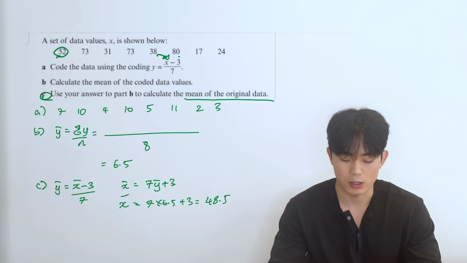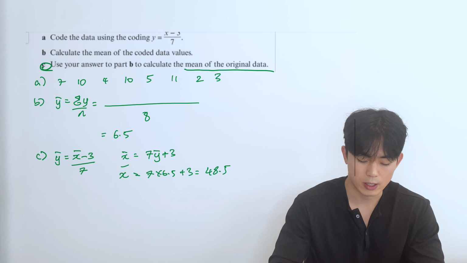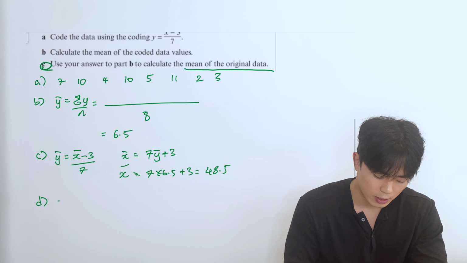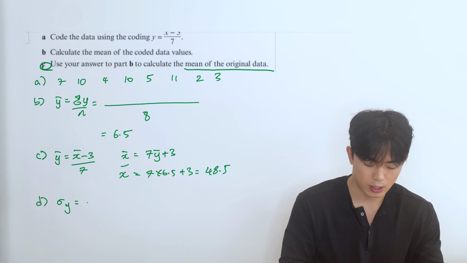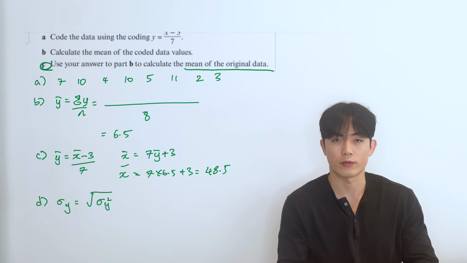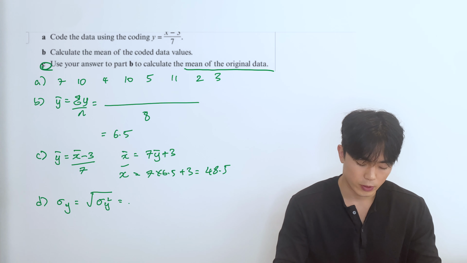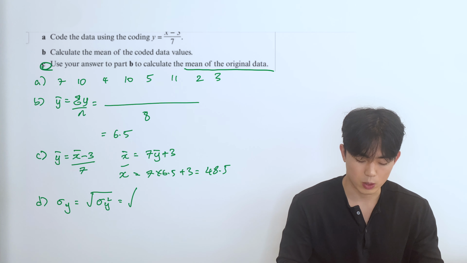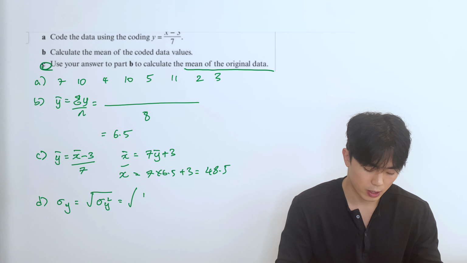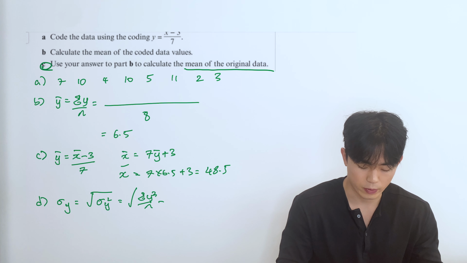They haven't actually asked us to find the standard deviation here, but we can also find the standard deviation. So let's find sigma y first, the coded standard deviation. And remember, that's just the square root of sigma y squared, i.e. the square root of the variance of the coded data. So it's going to be square root of, well, the variance is the sum of y squared over n minus the mean squared.